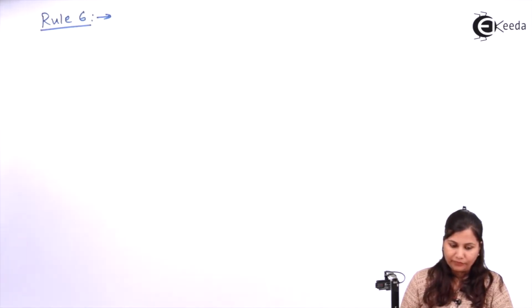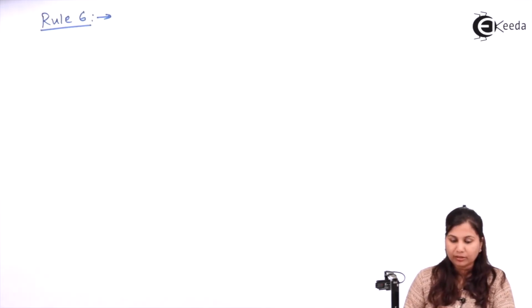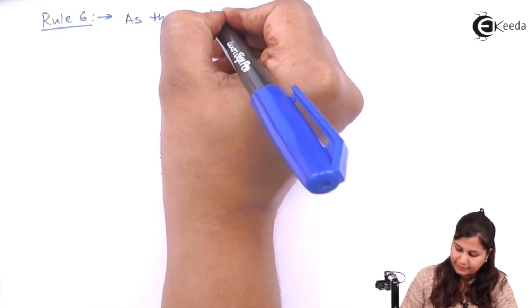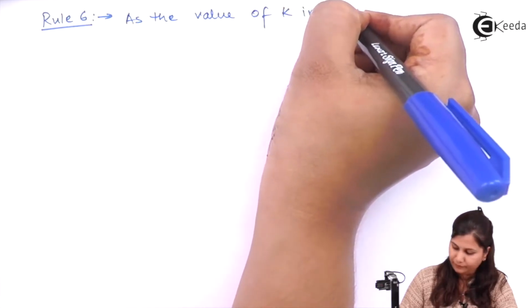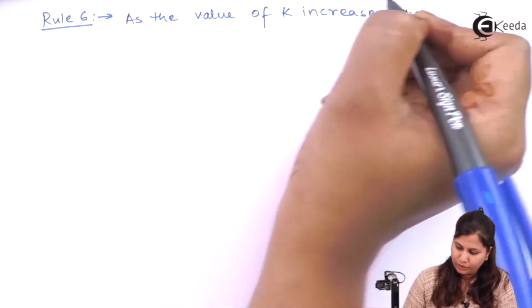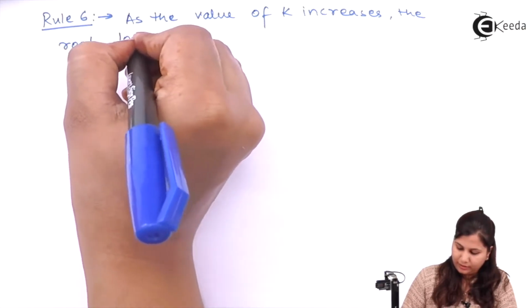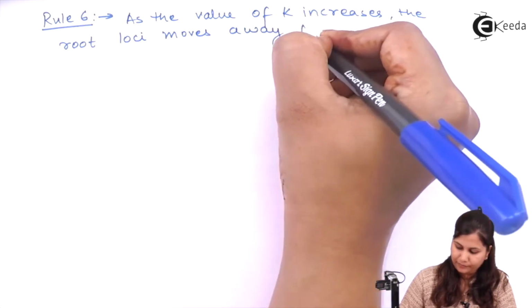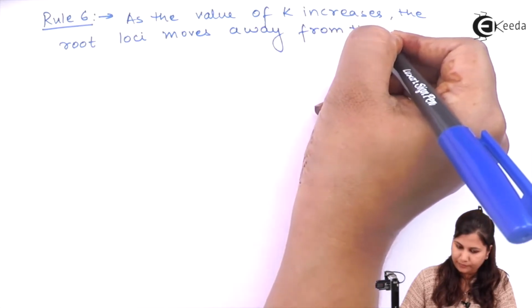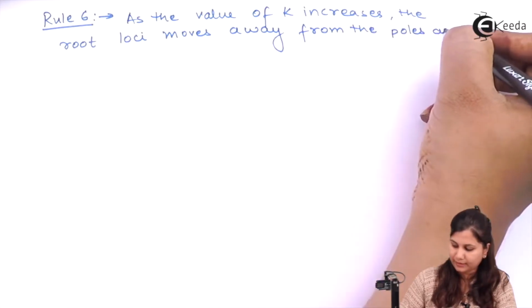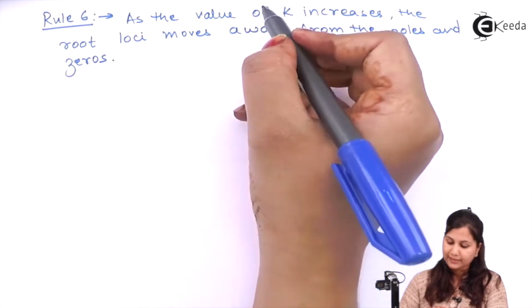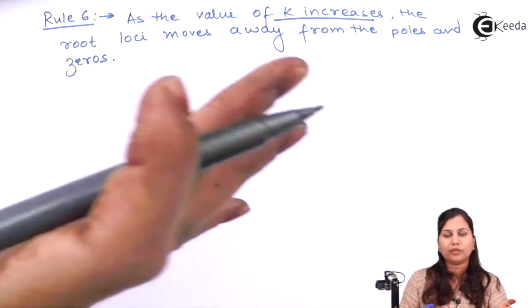As the value of k increases, the root locus will move away from the poles and zeros.